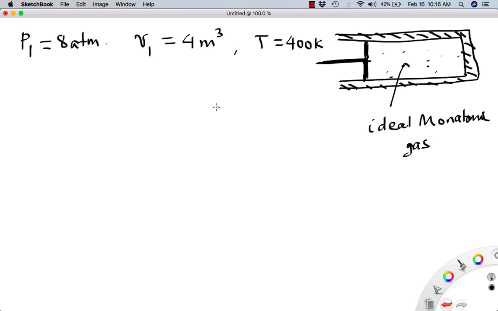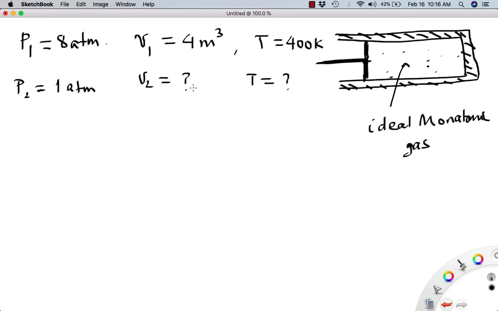When you compress the gas, the volume would decrease, and we don't know what the volume is after you compress, and we also don't know the temperature. But when you compress, you change the pressure to 1 atmosphere. Sorry, you're not compressing here. I take it back. Actually, in this case you are either pulling it or it's expanding. The gas is expanding. So the pressure reduces to 1 atmosphere from 8 atmospheres. So this is the case of expansion.